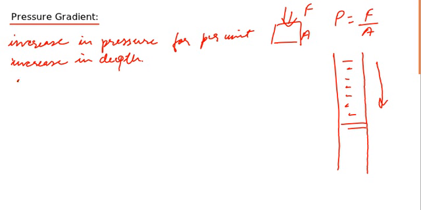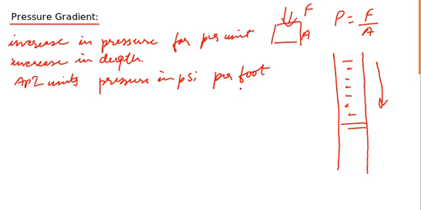For API units, I can write that pressure gradient is the increase in pressure in psi per foot. Its unit will be simply psi per foot: increase in pressure in psi per foot increase in depth.